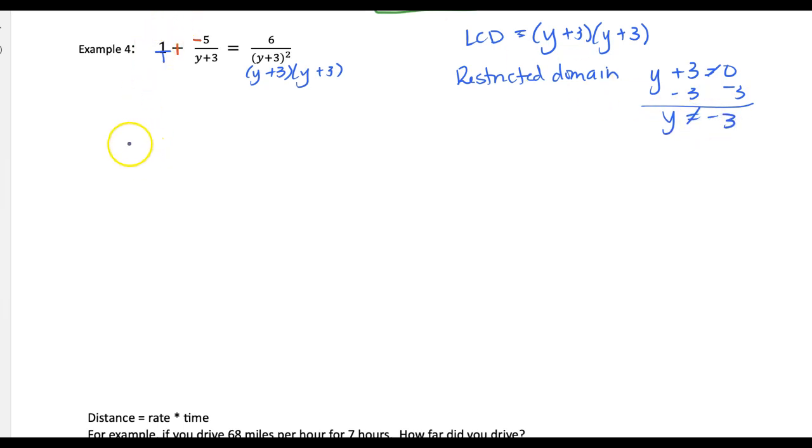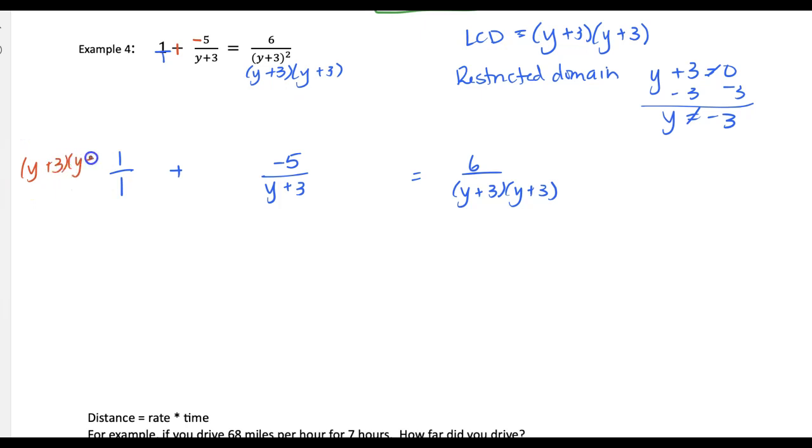Let's go ahead and write out our 3 fractions. And remember, I'm writing that as negative 5 over y plus 3. And then in red, I'm going to distribute that common denominator of y plus 3 times y plus 3 to each term.